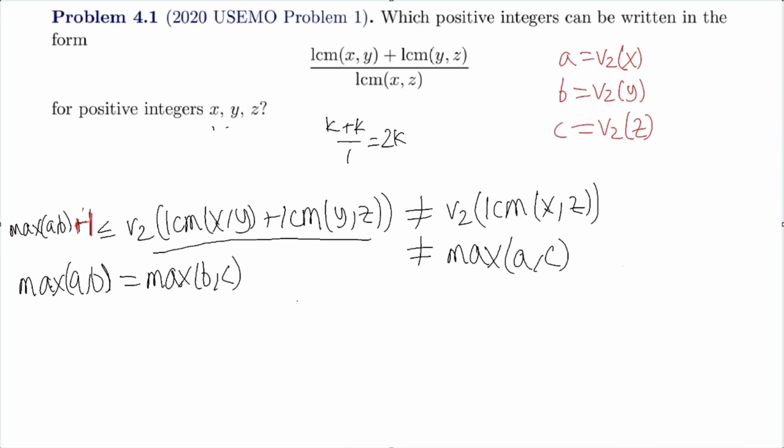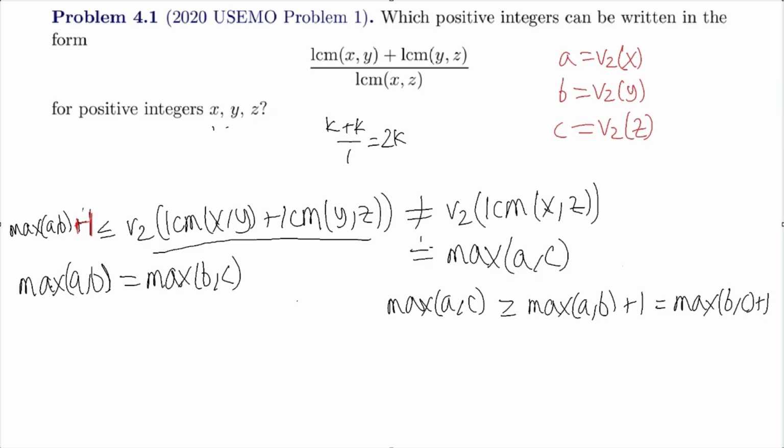Note that we never used any specific facts about nu2 until this one here. Anyhow, suppose that we have that max is equal to this and is greater than or equal to that. So max of AC is greater than or equal to max of AB plus 1, which is also max of BC plus 1.